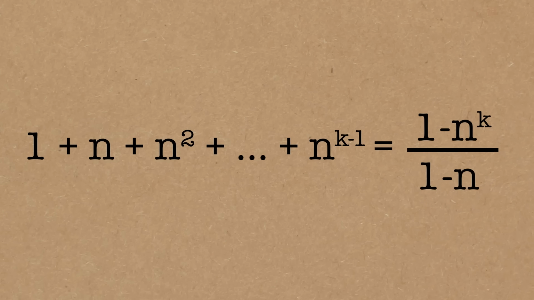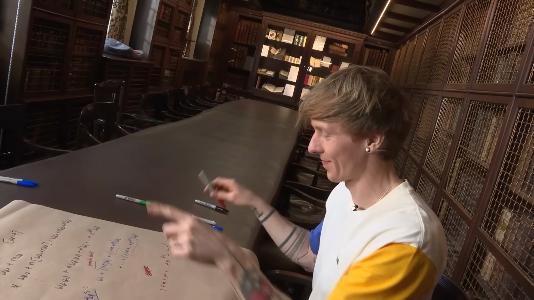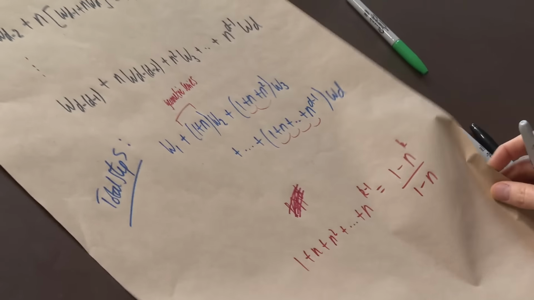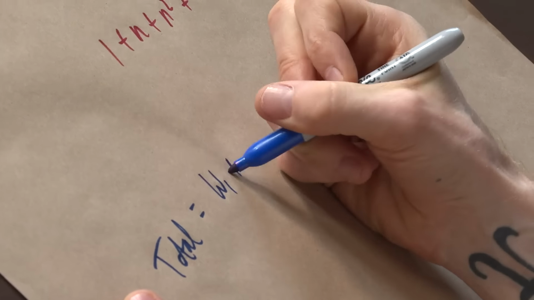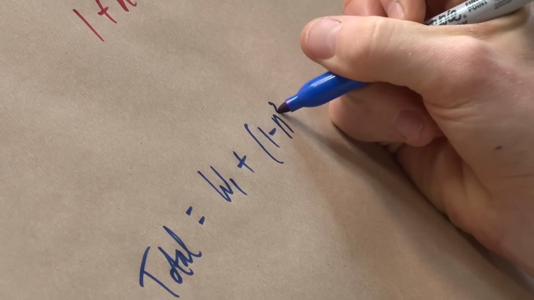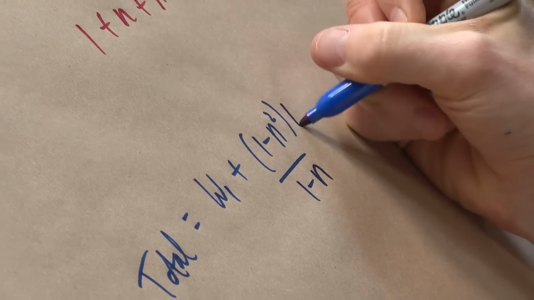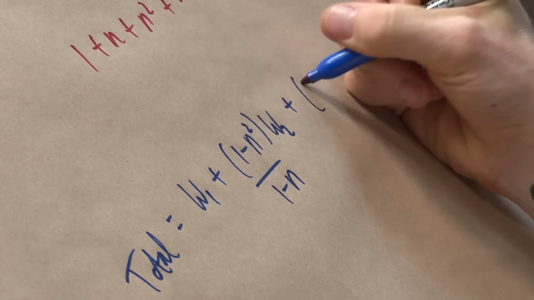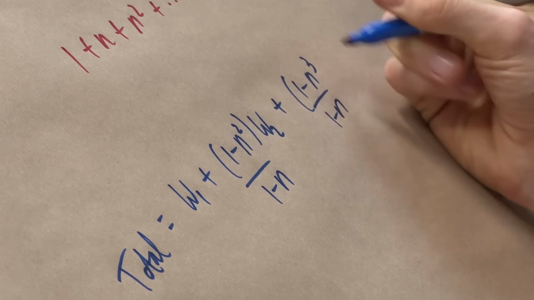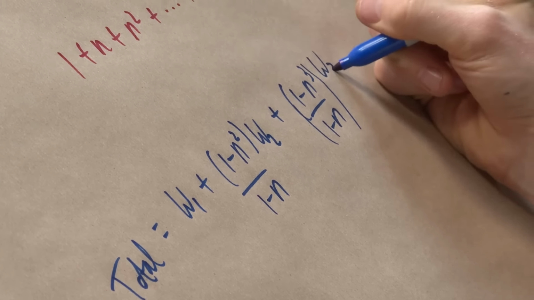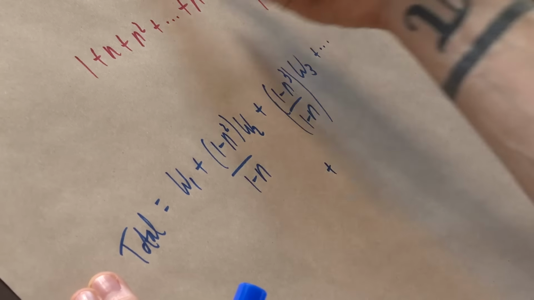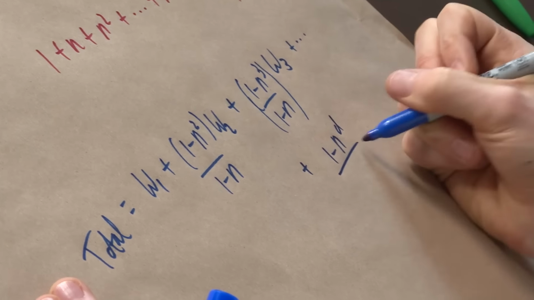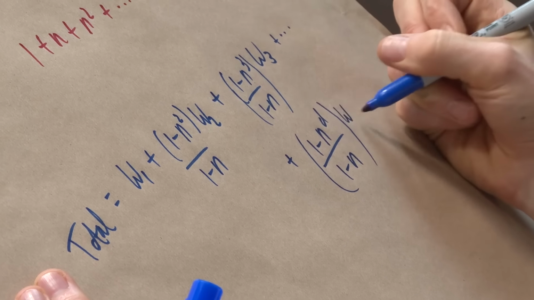So plugging this in here, the total number of steps for this simplified case is w1 plus, now here we only have 2 terms, so this is 1 minus n squared over 1 minus n times w2, and then 1 minus n cubed over 1 minus n times w3, and then we carry on. This last one is 1 minus n to the d over 1 minus n times wd.